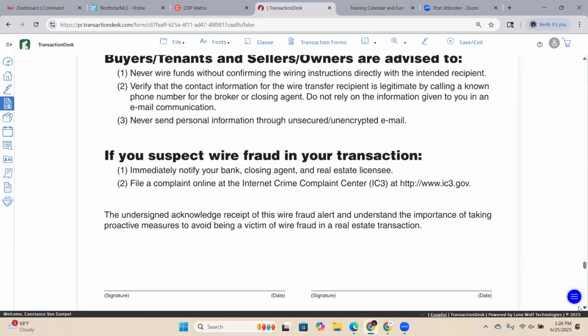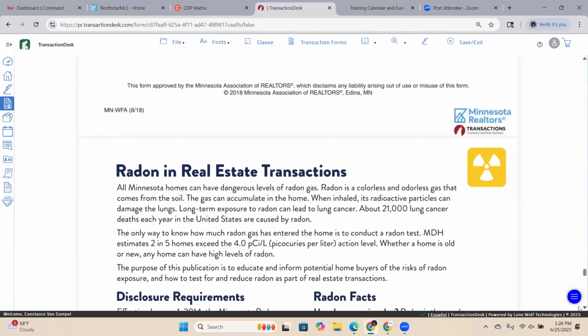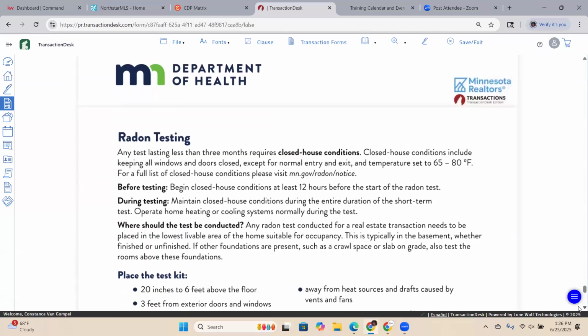Best practices would be to be available when they're doing the trust fund, so they can pick up the phone and talk to you to make sure they don't get hit by wire fraud. Once they do, that money can be gone, and some of these scammers can be fairly good. And then the radon is on there again.